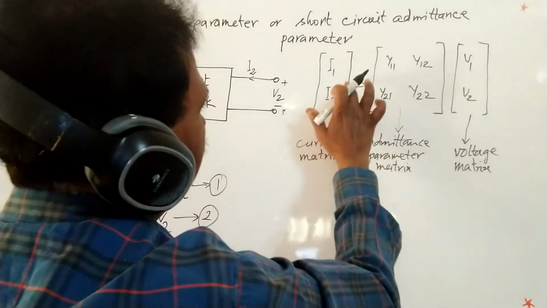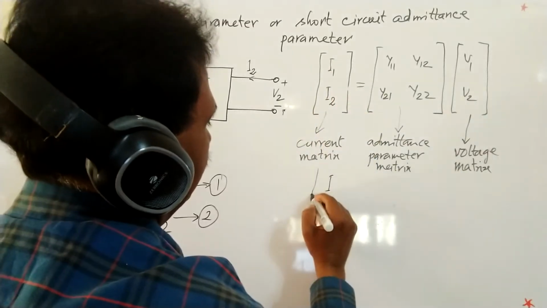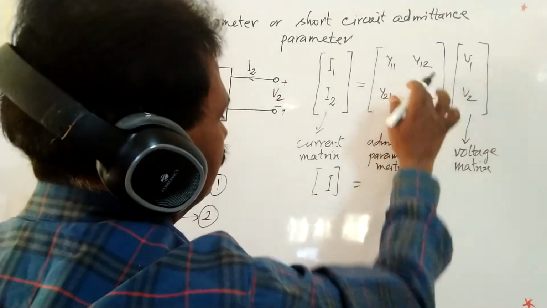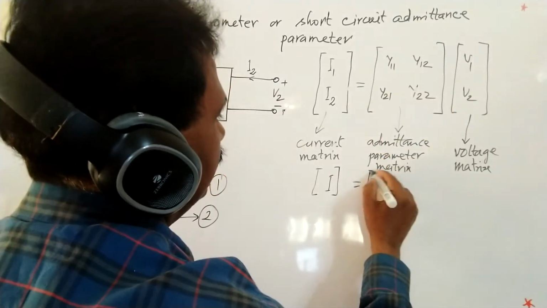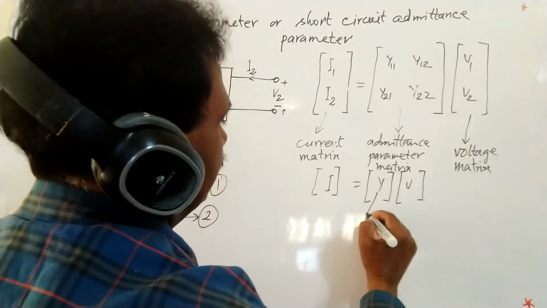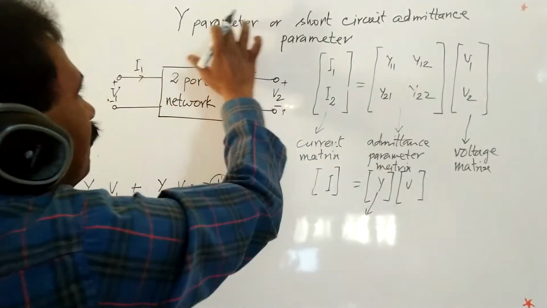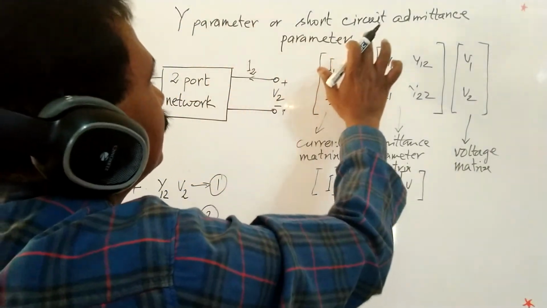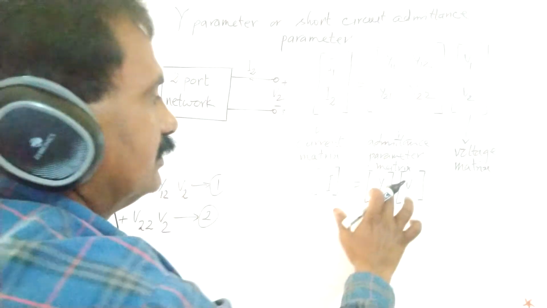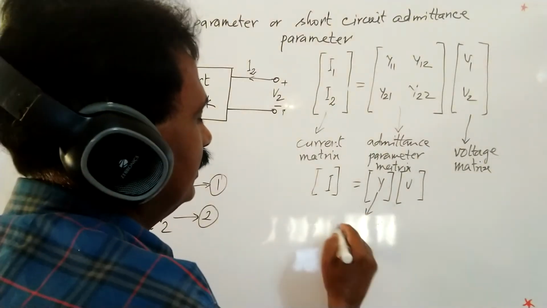If we write it like this, I1 and I2 as the current matrix I, the admittance matrix as Y, and the voltage matrix as V, then this matrix Y is said to be the Y parameter. Okay, Y is known as the Y parameter.